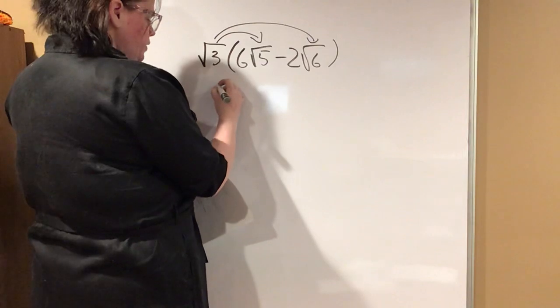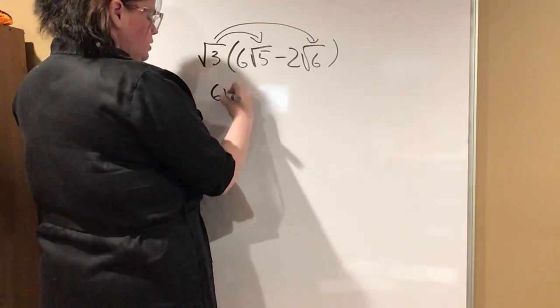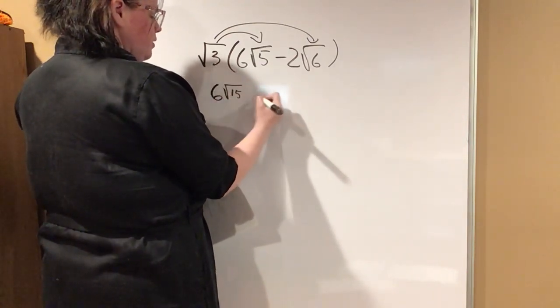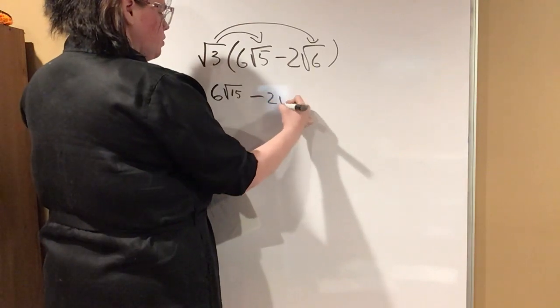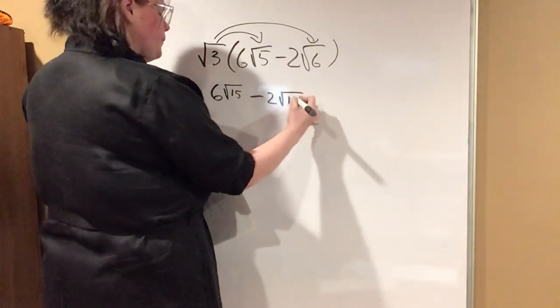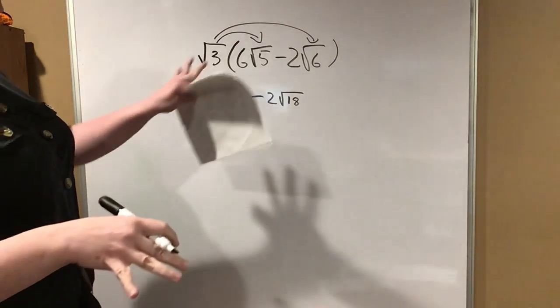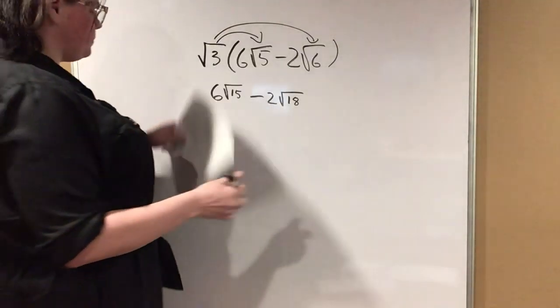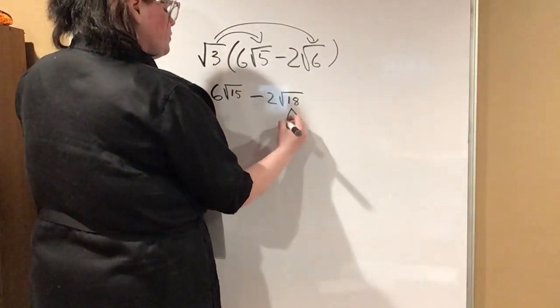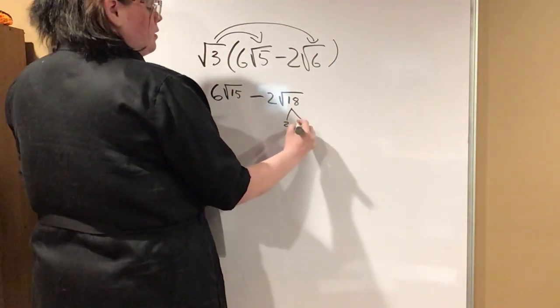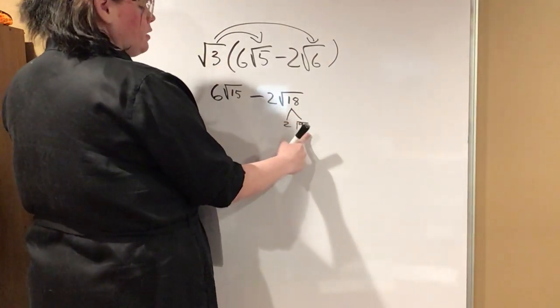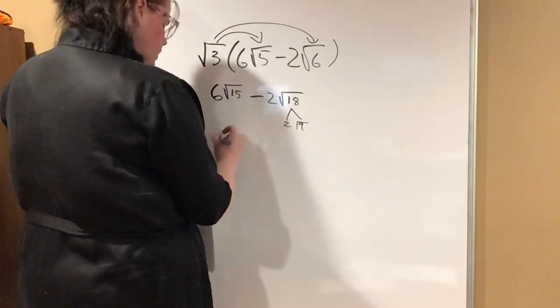So what we're going to do is 6 square roots of 15 minus 2 square roots of 18. Well, 15 I can't simplify because it's a product of primes. But we can simplify the 18 by doing a 2 and a 9. And then the square root of 9 is 3. So 3 times 2 is 6.